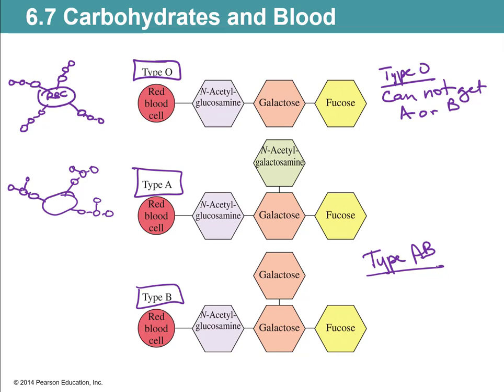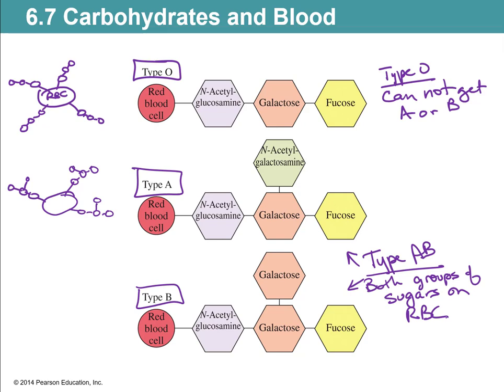They have a group just like A and a group just like B. So their red blood cells will have the set of 4 that looks just like A, and the set of 4 that looks just like B. So type AB has both groups of sugars on their red blood cells.